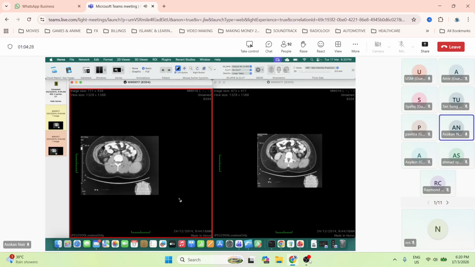No, together with this mass. Together. That's what I'm trying to tell you, it's part of a syndrome. What is it? Gardner syndrome? Yes, Gardner syndrome.